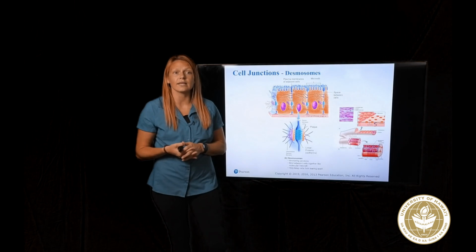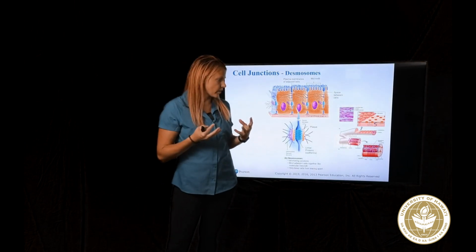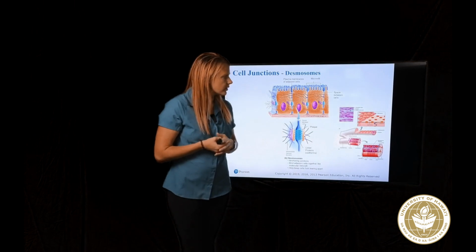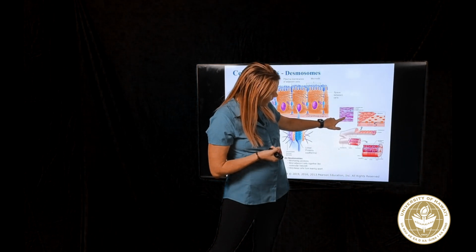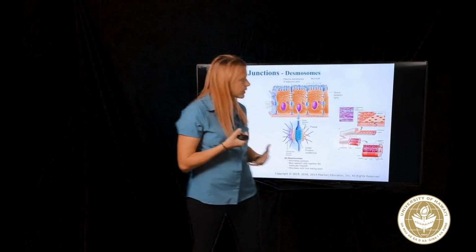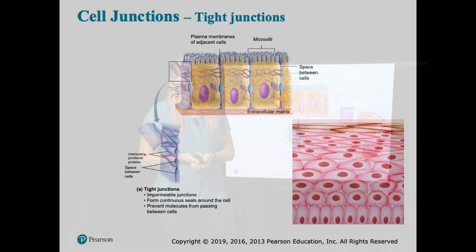We find these in places subject to a lot of stretching. And you can see over here, it's showing a cardiac muscle cell. So the places we see a lot of stretching are the heart, uterus, and our skin.